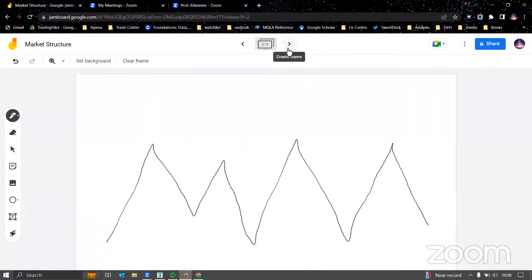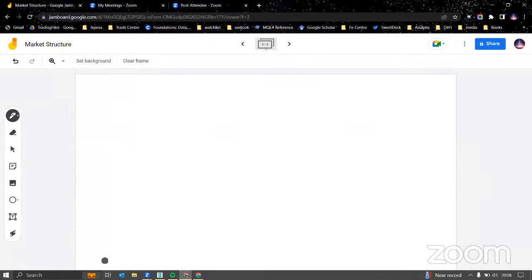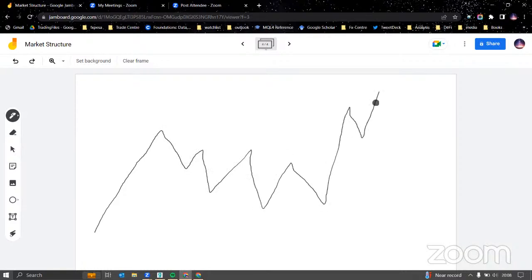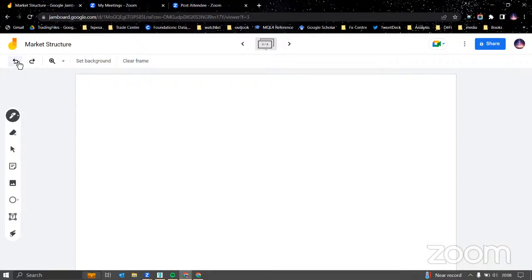So a typical chart will look, maybe you have a push, sorry, will look something like this. Or let me give it more room so that we have more to work with.